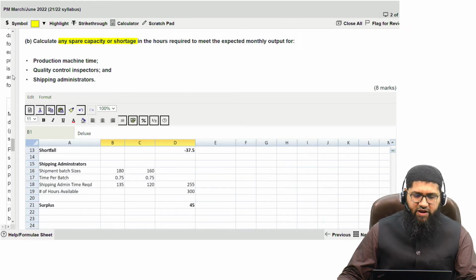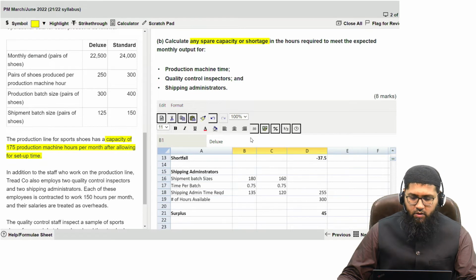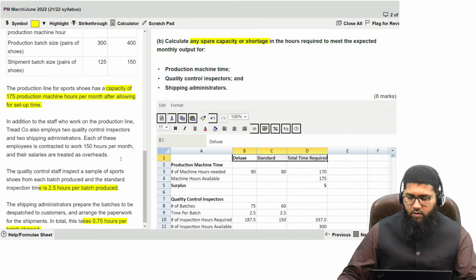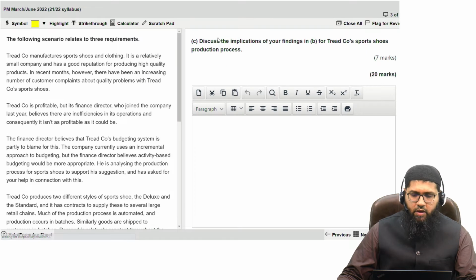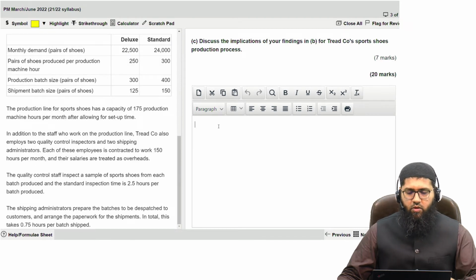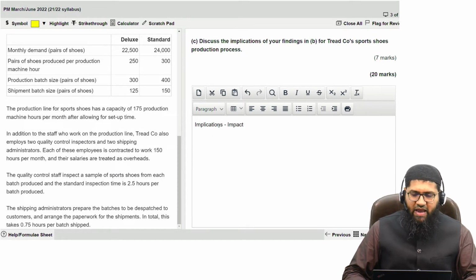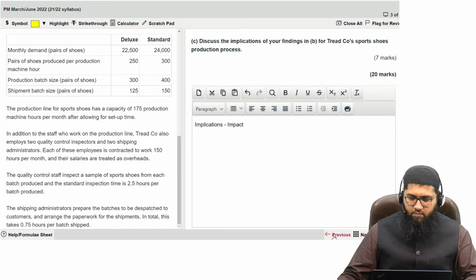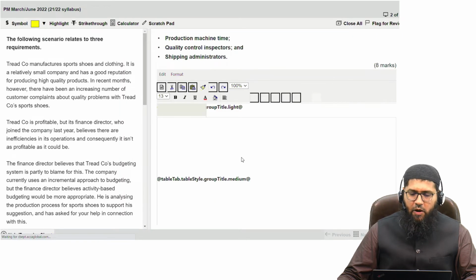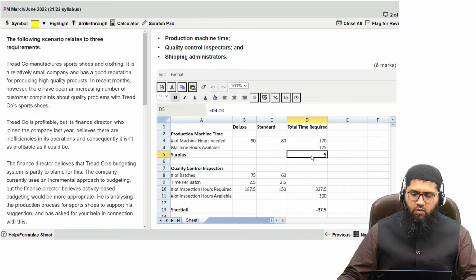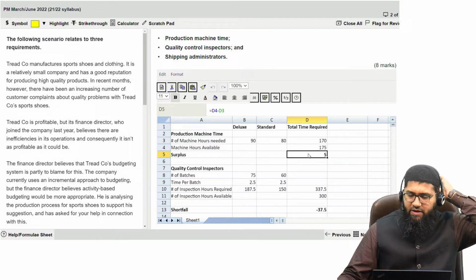Now, what's the next requirement? The last requirement is basically, it says discuss the implications of your findings in B for trade company sports shoes production process. Now, implications is the impact. So what actually happens is that the problem over here is that you've got surplus machine hours available.